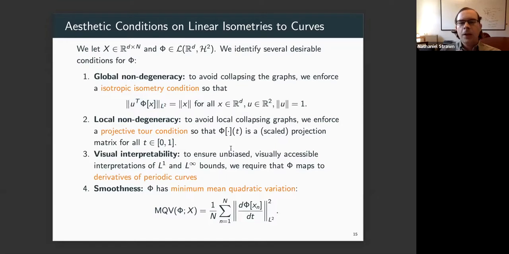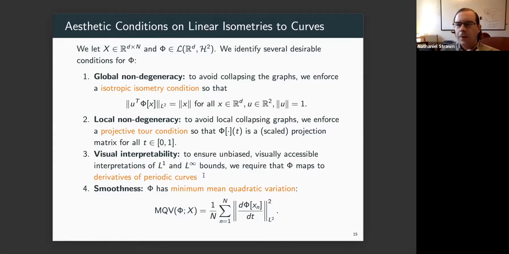Visual interpretability. We would also like to ensure unbiased, visually accessible interpretations of these L1 and L infinity bounds. And so we'll require that phi map, instead of to curves themselves, to derivatives of periodic curves. This will help us understand what's going on, because if we're mapping to derivatives, then in the L1 sense, that's the integral over the velocity.